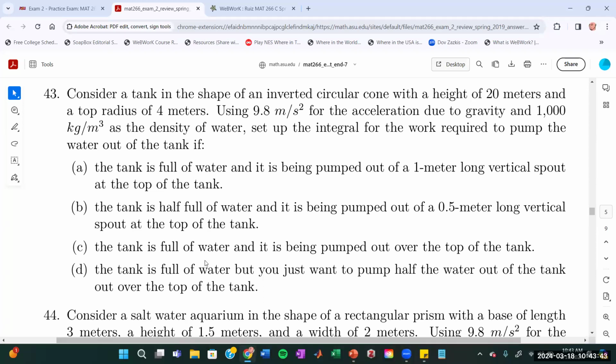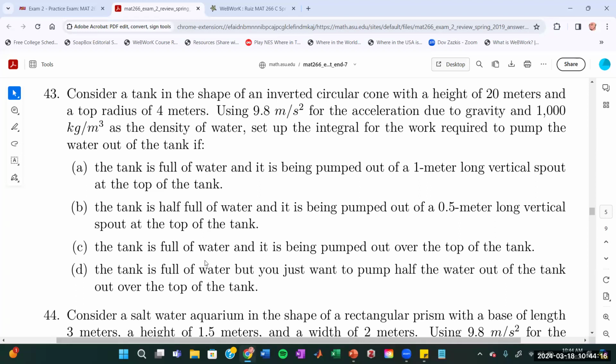All right, so a tank in the shape of an inverted circular cone. Let's do part A, and I think that'll be good. So, inverted circular cone. What are the dimensions of it? I think it's 4 meters, it takes 20, and then it's full.